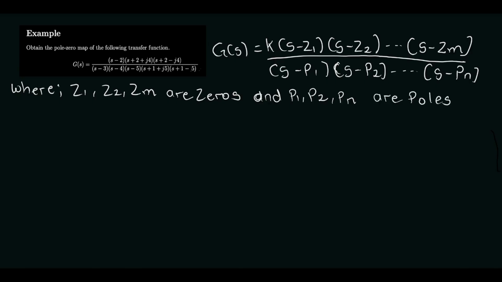And also note that your number of poles will always be greater than the number of zeros. So comparing this with the equation you have here, we know that our poles are above our zeros. So we have G of s equal to, let me write out the equation.